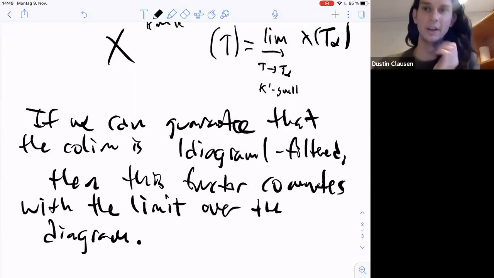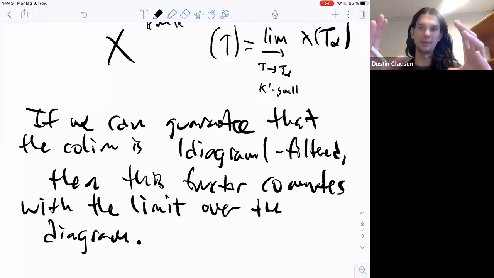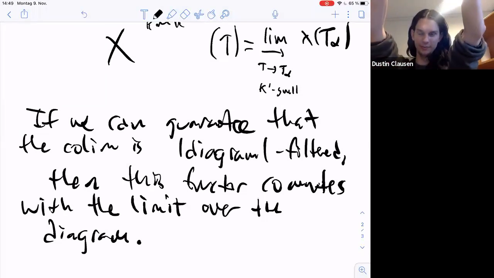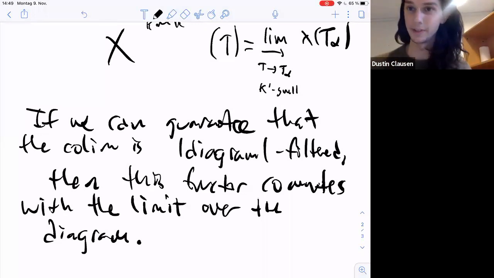So what does it mean for a colimit to be lambda filtered? It means that if you have any lambda small subdiagram, it admits a cone. So you can cone it off to a single point. It's a general fact about this sort of situation.